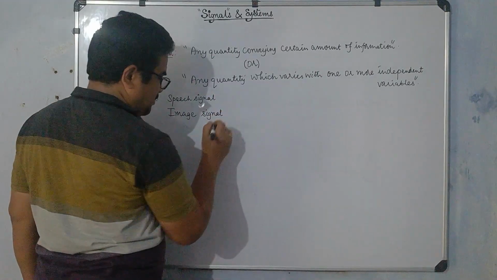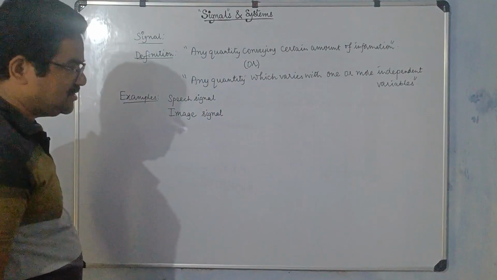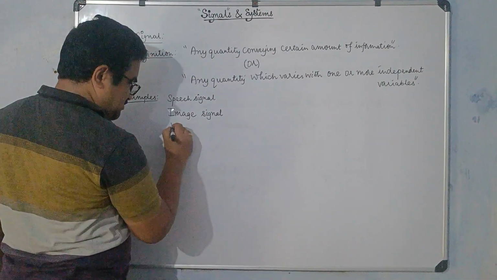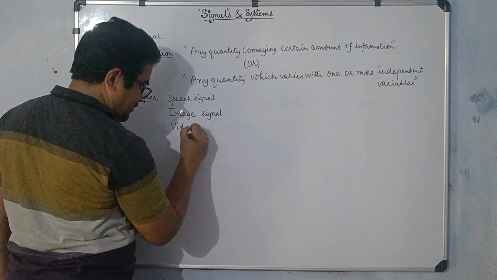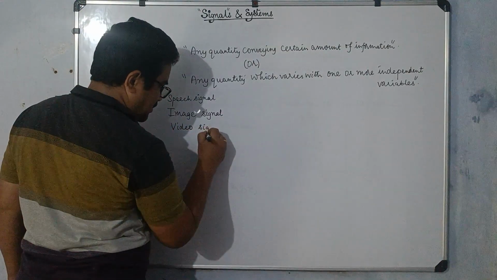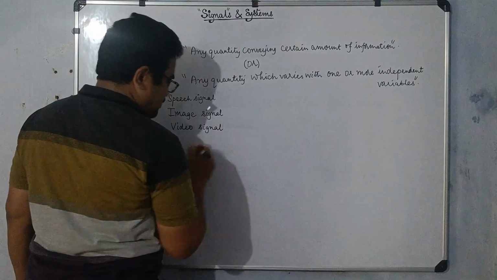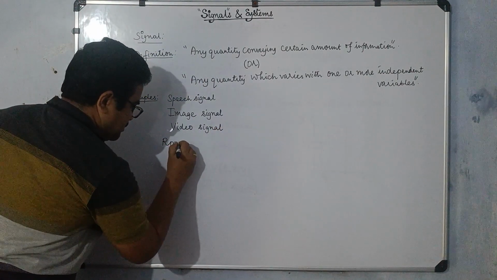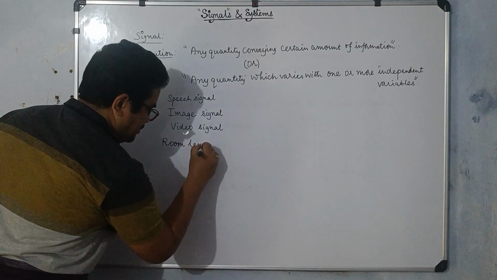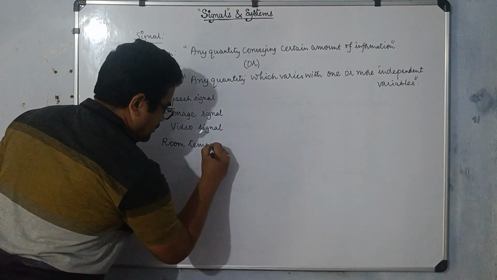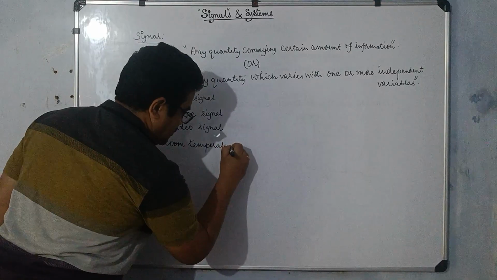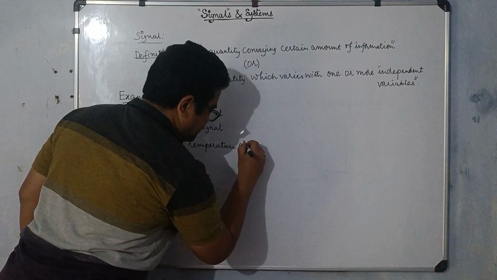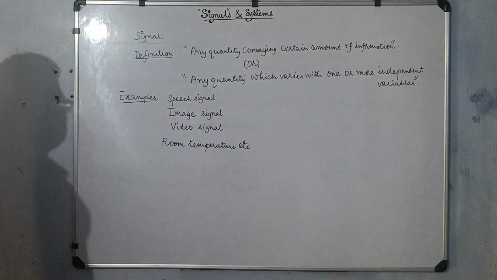So whatever image which you are seeing, it is also a signal. It is giving you certain information. Or video signal, or let us say the temperature of a room, room temperature, and so on. These are the different examples for signals.